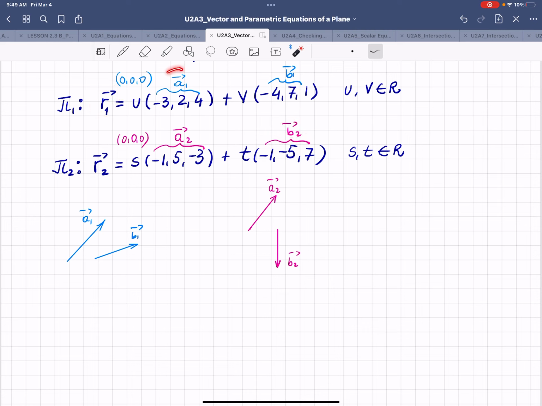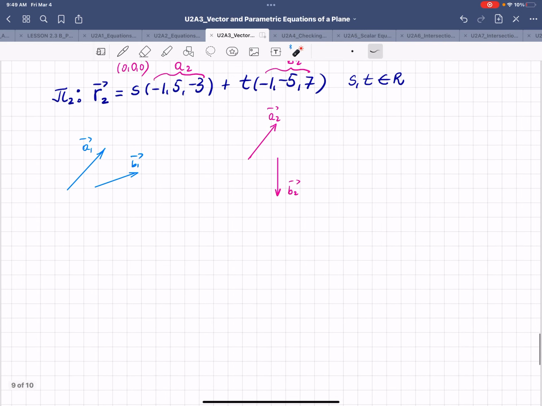And similarly, you can substitute A1 into the equation of pi 2 or B1 into the equation of R2 or pi 2. So in this case, I'm going to choose to use vector A1 and substitute it into the equation of pi 2.